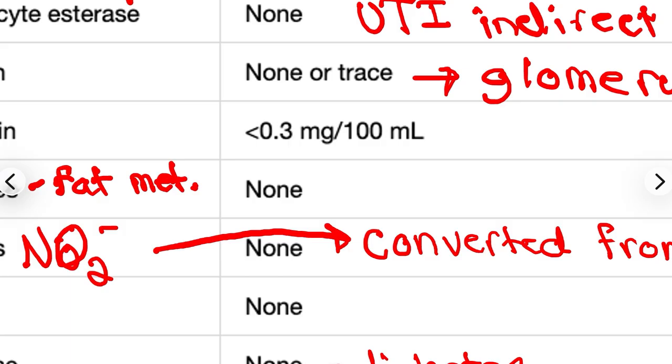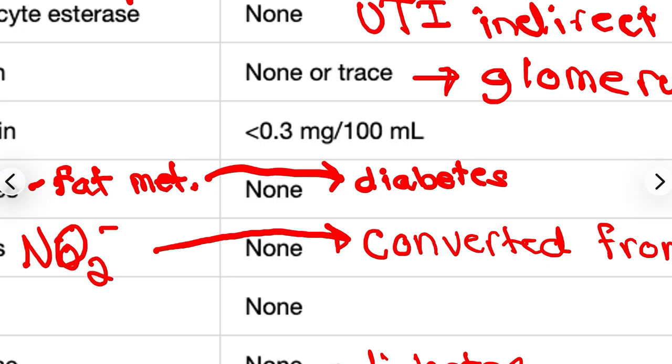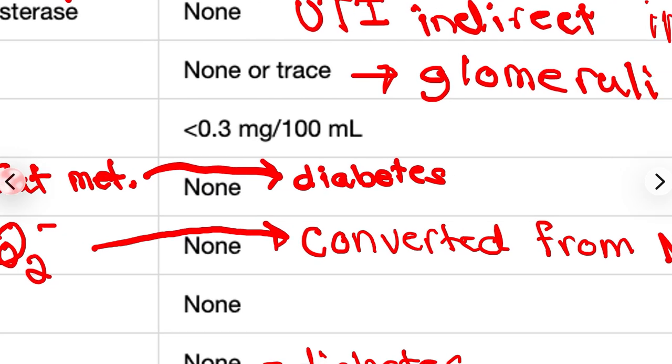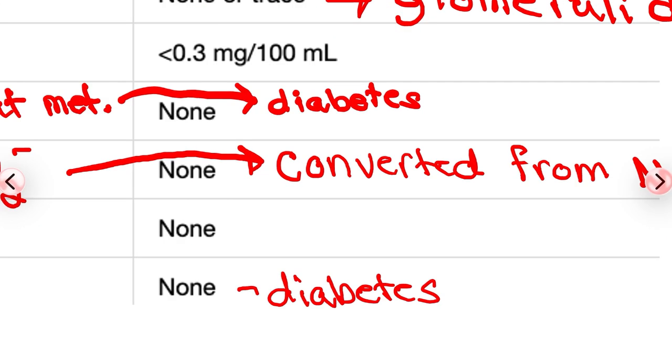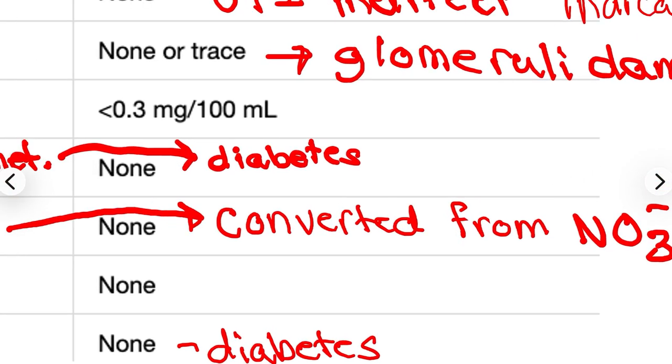So this may represent someone who has uncontrolled diabetes because they're relying more on the fat conversion than normal, or if they have a very low carbohydrate diet, this can also result in more fat metabolism than normal, and thus result in an overall presence of ketones in the urine.